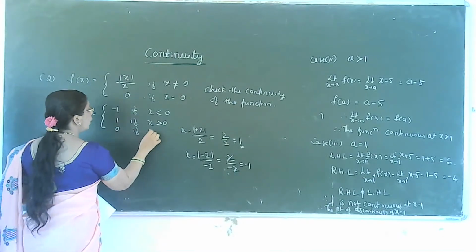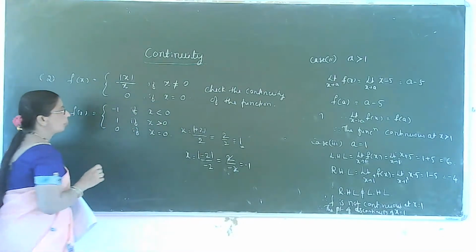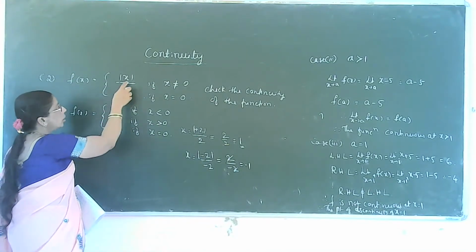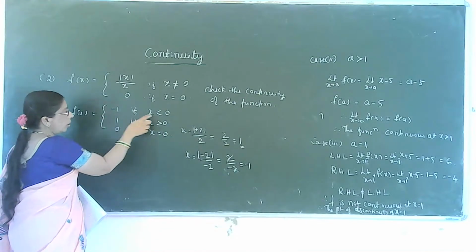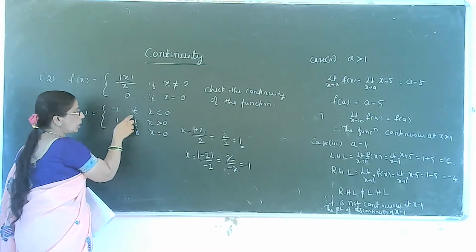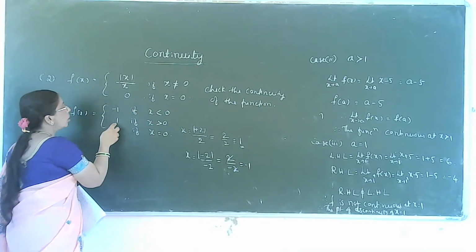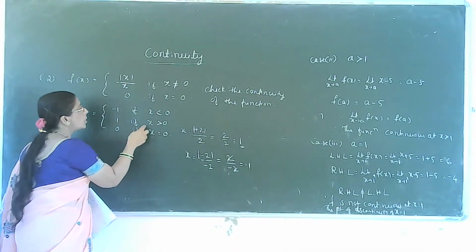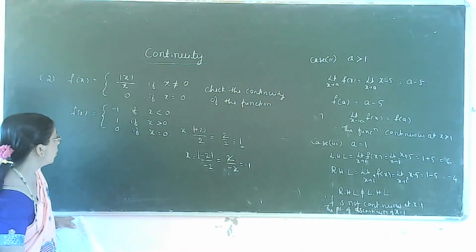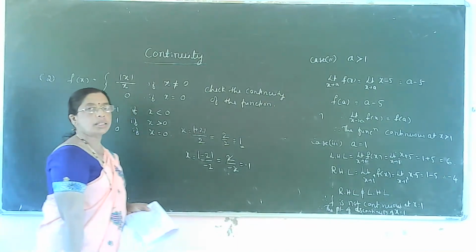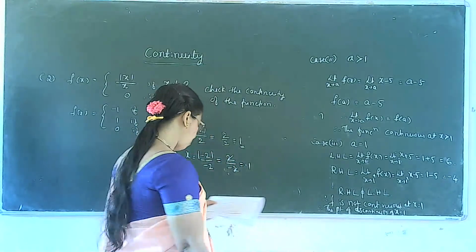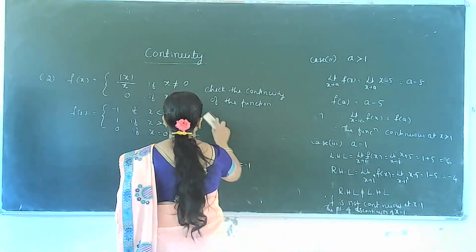At 0, it's already given: 0 if x is equal to 0. Here, the function is defined at every point of the real numbers. Therefore, the domain of the function is R.